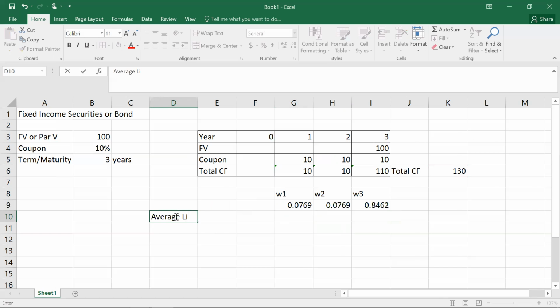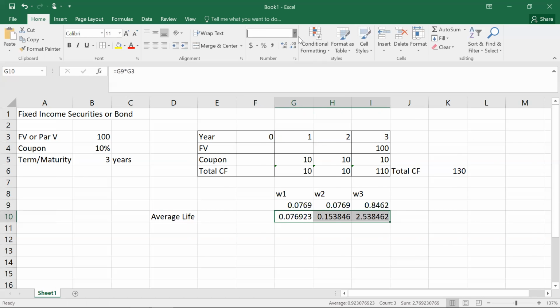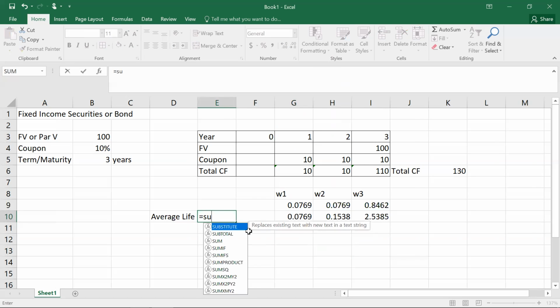So for calculation of average life, what I will do is that I will multiply these weights with the time. Okay, so what is the average life? It will be the sum of these weighted time.